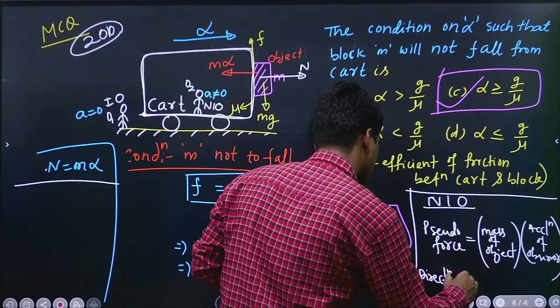Opposite to the acceleration of the observer. So this one you must remember. Pseudo force is applicable for a non-inertial observer when the non-inertial observer is observing this object. Then how will you apply pseudo force? The magnitude is mass times acceleration of the observer, where mass is the mass of the object, and the pseudo force direction will always be opposite to the direction of acceleration of the observer.